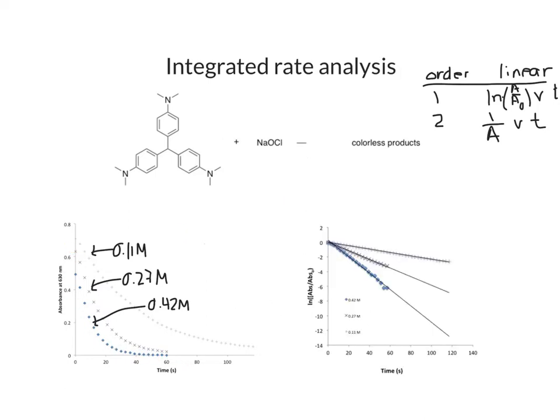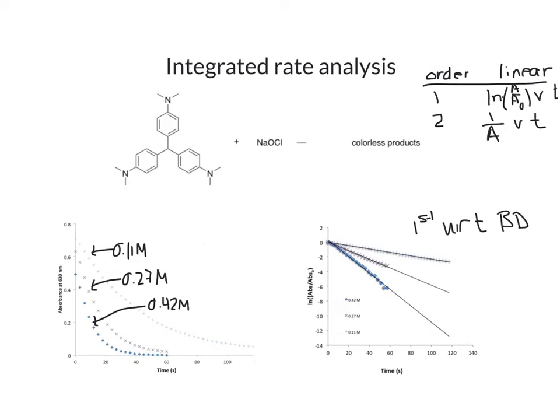So in the case of these curves, if we graph the natural log of absorbance divided by the initial absorbance, we get the following straight lines. And you can see that they're very nice, beautiful straight lines. And so we can pretty confidently say that the reaction is first order with respect to blue dye.